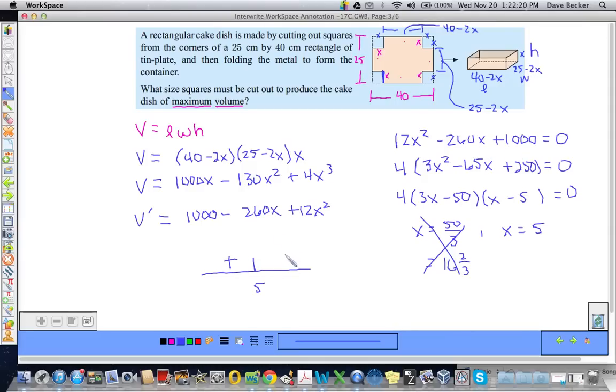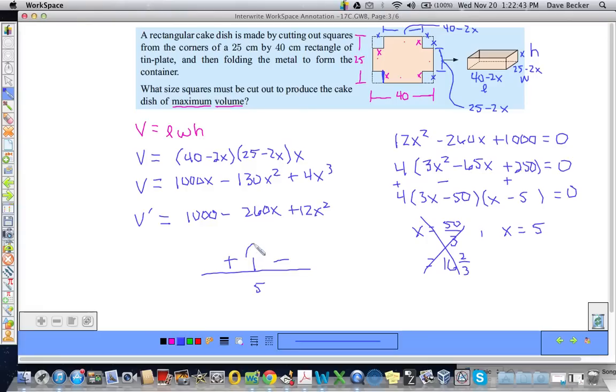And then I'll try 6. This here looks a little bit more friendly for 6. 3 times 6 is 18, minus 50 is a negative. 6 minus 5 is 1, that's a positive. And this 4 is a positive. So a positive times a negative times a positive is indeed a negative.